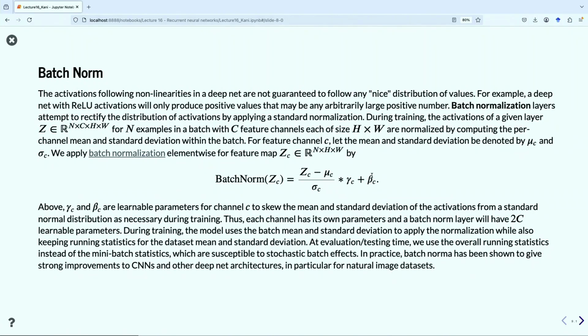Instead of always having a mean of 0, maybe you want some different mean, so you allow the model to pick a new mean. And gamma is the standard deviation, which the model will pick itself. So it just renormalizes the data and makes things slightly easier to calculate.